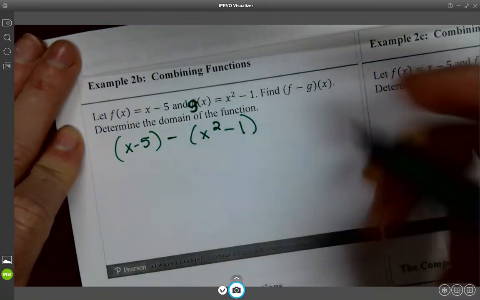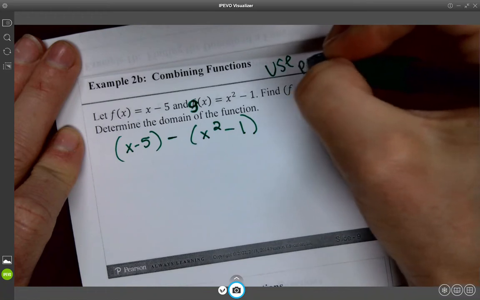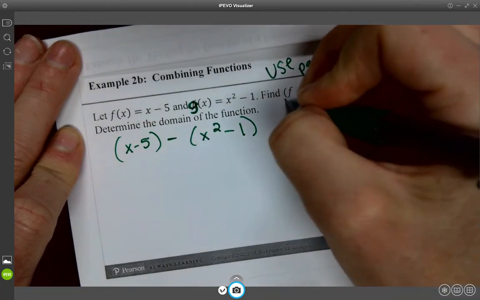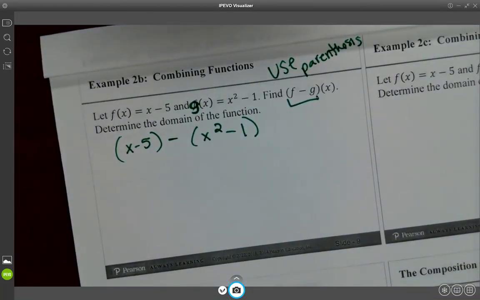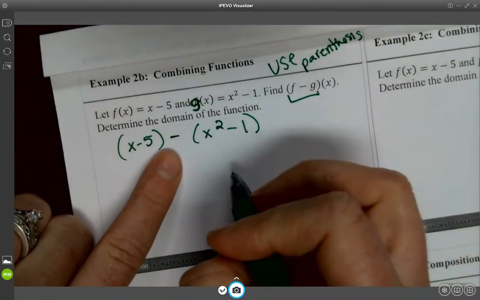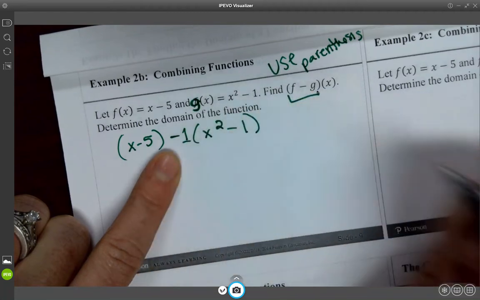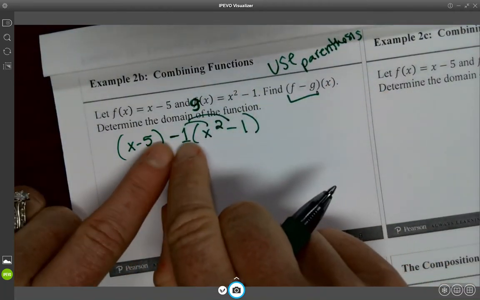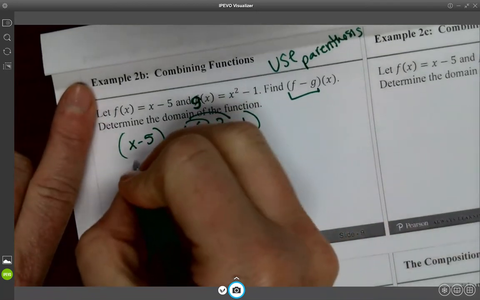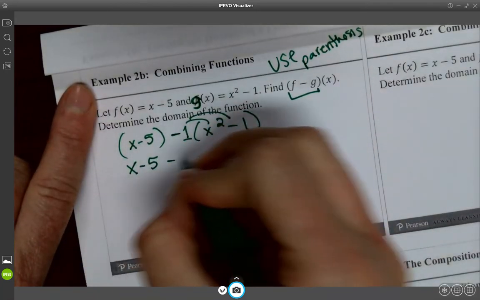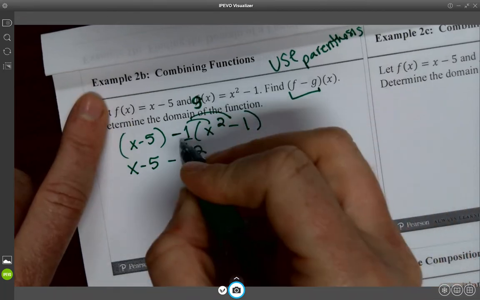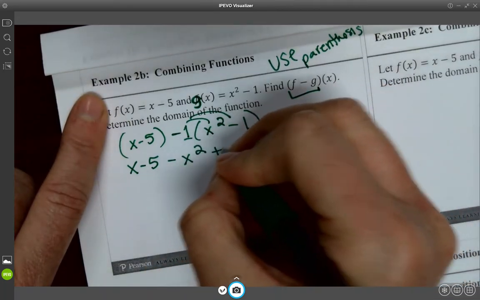So it's important to use parentheses for the subtraction step. So what this really means is I have negative 1 here that I have to distribute. What this minus is going to do is change the sign of everything. So we have x minus 5 minus 1x squared, or just minus x squared. Negative 1 times a negative 1.